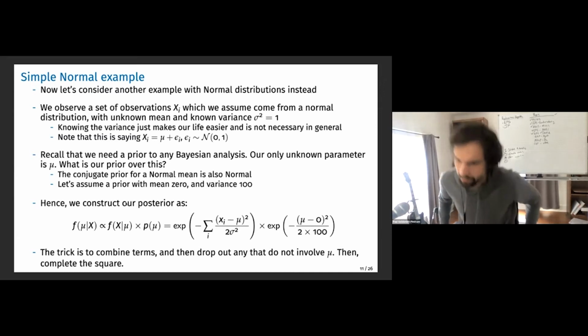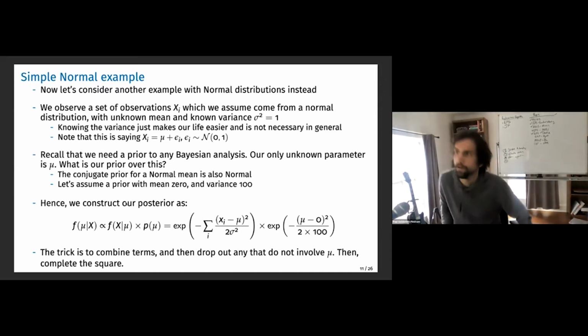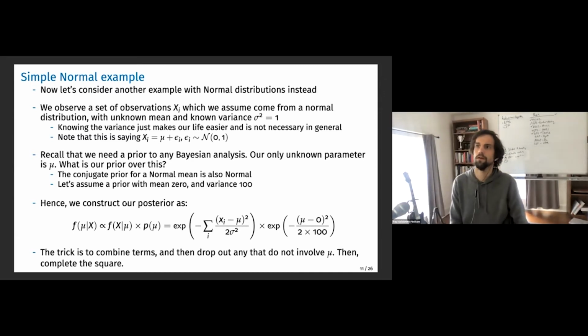You can generalize this to allow for unknown variance as well. So this is intuitively the same as saying xi is equal to some mu parameter plus a noise term, right? So it's like running a regression on a constant. You're saying that there's some underlying constant that you're interested in, and the noise is distributed mean 0, variance 1.